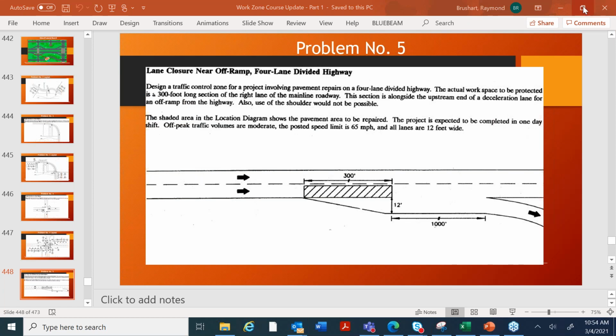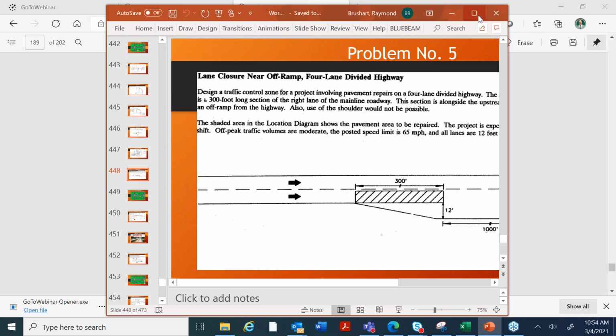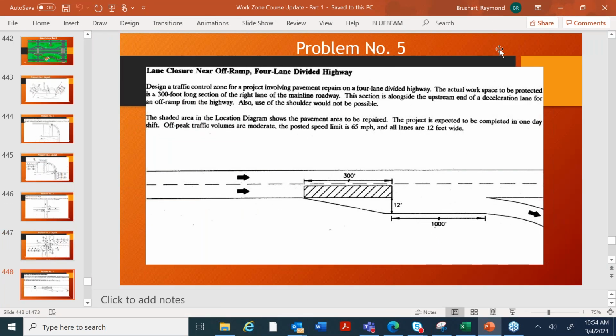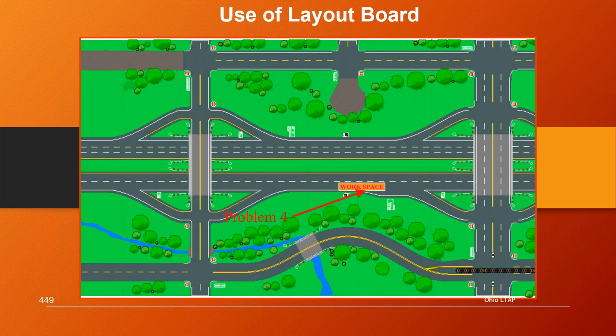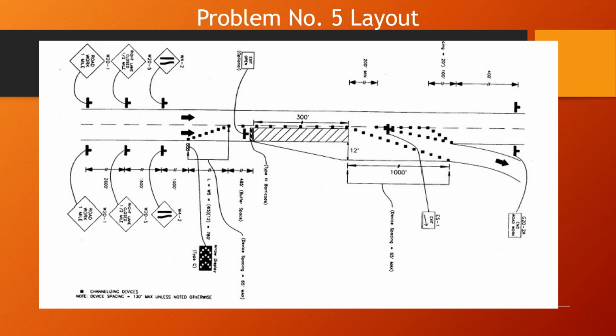We can get these boxes out of the way. So let's move on again. There's our workspace, and then here's our solution. So we have our standard right lane closure signage package.